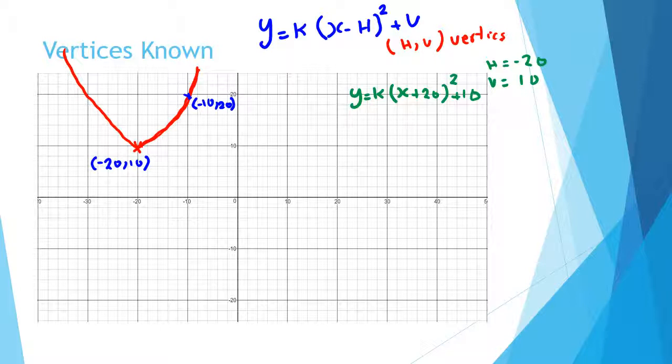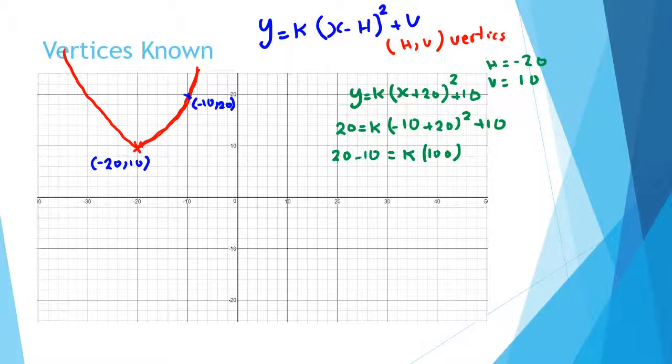Now we need to find the k value, because that's our scale factor, so we're going to use the other point here, which is -10, 20. I'm going to substitute it: instead of y, 20 equals k, open bracket, -10 plus 20, squared, plus 10. Then find the equation. So you've got 20 minus 10 equals k, and -10 plus 20 is 10, squared is 100, so 100.